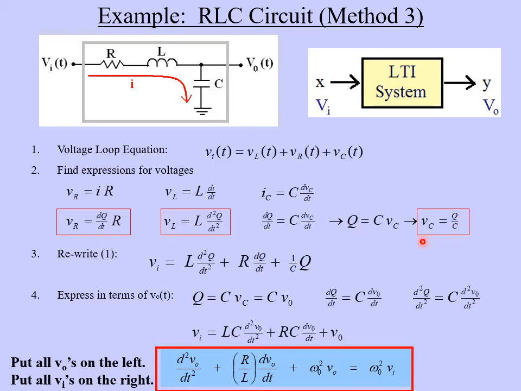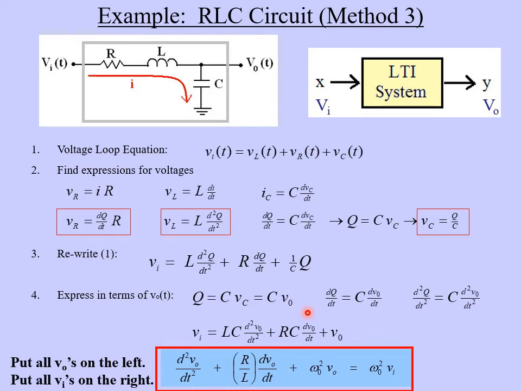All right, so with all these things, we can rewrite our initial equation up here using these results that I have in the boxes. By making those substitutions, you end up with this equation. And notice this is an equation, at least on the right side, in terms of Q. So finally, you can express everything in terms of the output voltage, because VC is actually equal to V out.